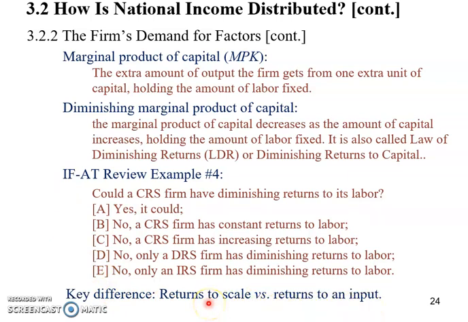If you remember in the previous section 3.1, we talked about returns to scale, and we said there are 3 types: constant returns to scale, CRS, increasing returns to scale, IRS, and decreasing returns to scale, DRS. So here this multiple choice says, could a CRS firm have diminishing returns to its labor? Then we give you 5 different choices.